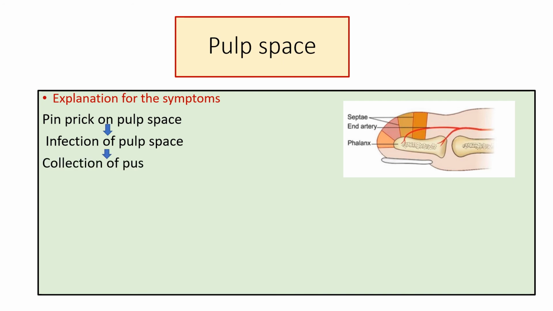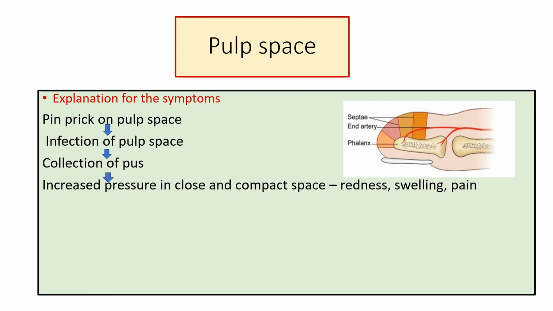As a result, there is collection of pus, and as the amount of pus that has accumulated increases, pressure is built up in the closed and compact spaces of the pulp, which has resulted in redness, swelling and pain.